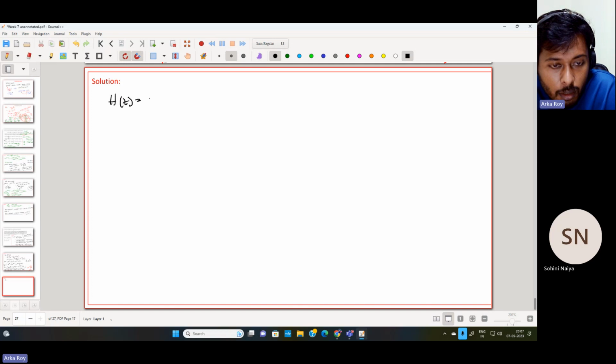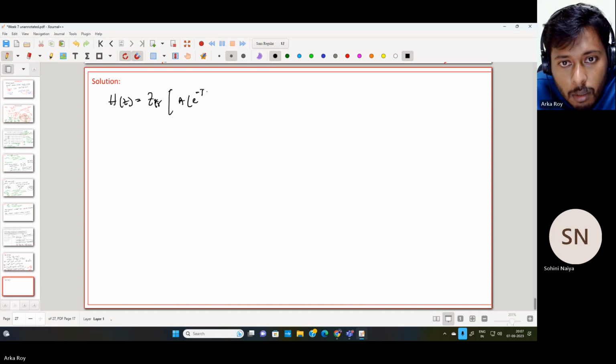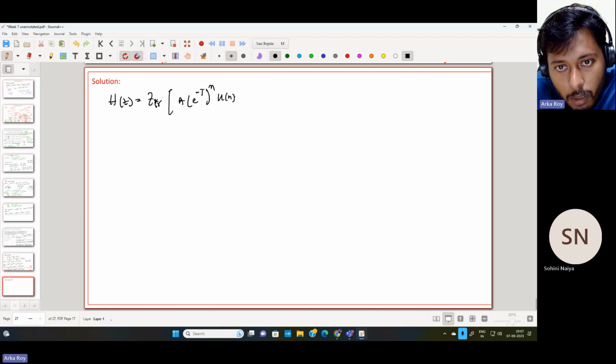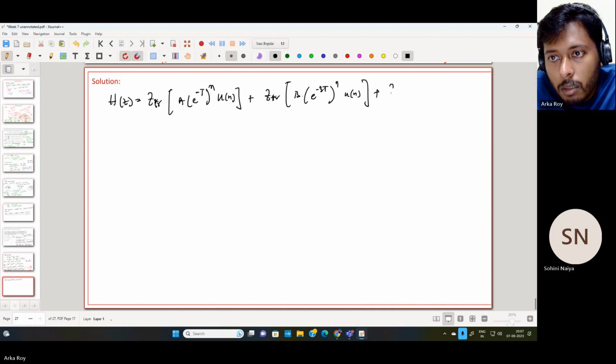H(z) is the Z transform of a e^(-t n) u(n), plus the Z transform of b e^(-3t n) u(n), plus the Z transform of c e^(-5t n) u(n).